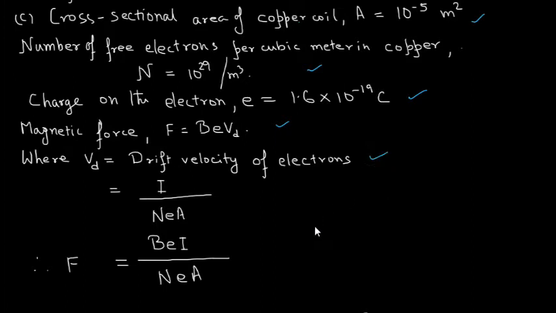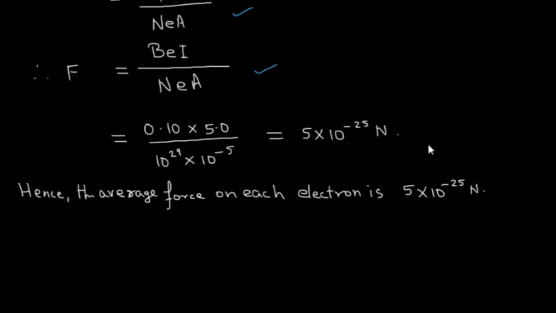Therefore, F is equal to BeI upon NeA. Now, upon putting the values and solving, we get 5 multiplied by 10 to the power minus 25 Newton, and hence the average force on each electron is 5 multiplied by 10 to the power minus 25 Newton.